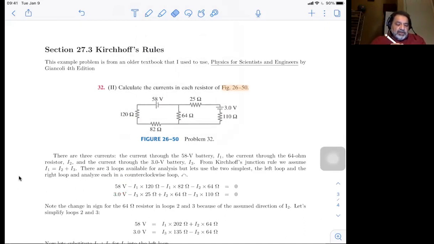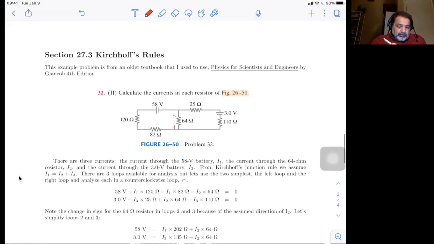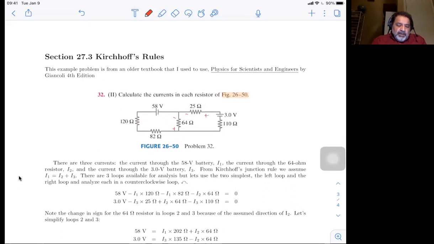Now we look at the second loop, and we can do the same thing in this loop here. Now we've already assumed that the current is going up, so it's plus to minus, and on these, we're assuming the current is going this way, so it's plus to minus, and here it's plus to minus, and we're going to look at the exiting value.